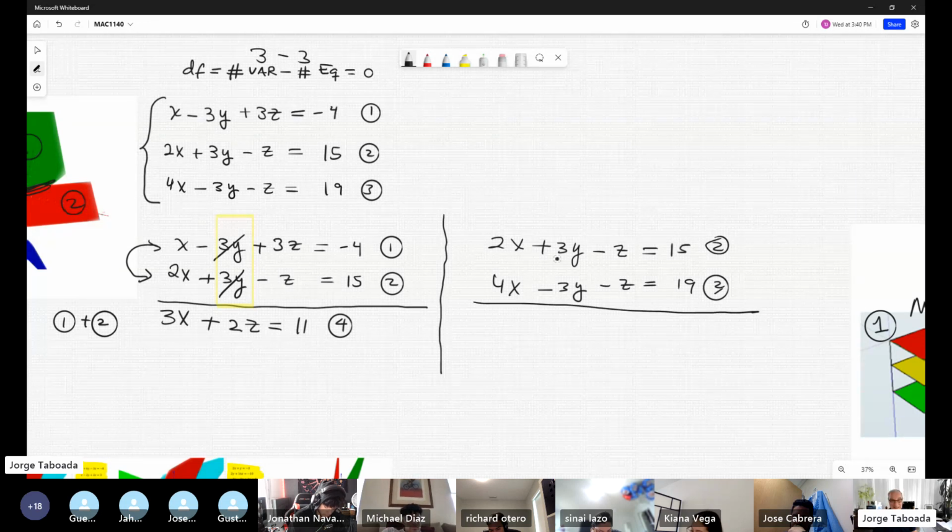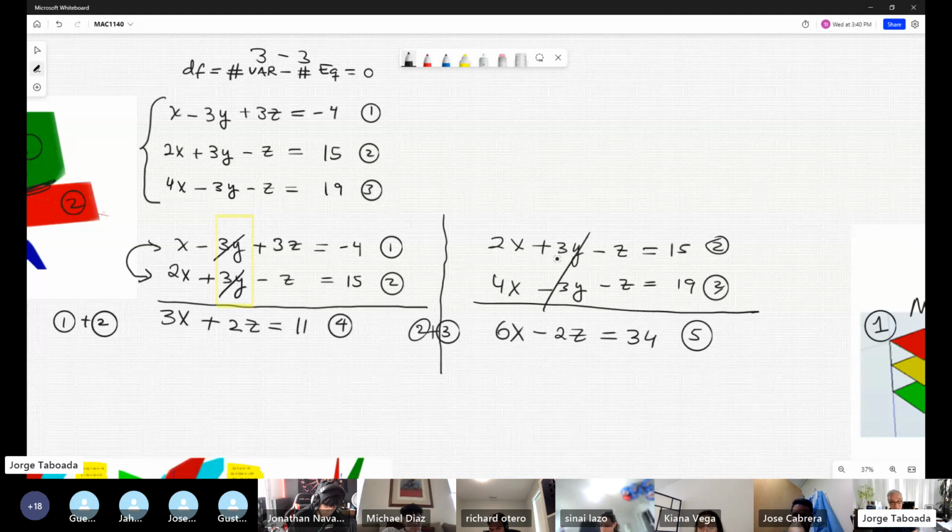And you are doing exactly the same idea. Addition 2 plus 3 by column. The column of the x is 6x. The column of the y says goodbye. The column of the z is minus 2z. And this is 34. And 14, carry the 1, plus 1 is 2, plus 1 is 3. And this is my equation 5. This represents another line that is the intersection of two planes.